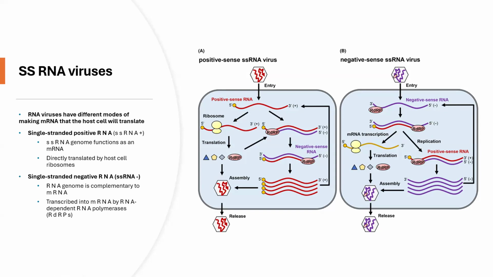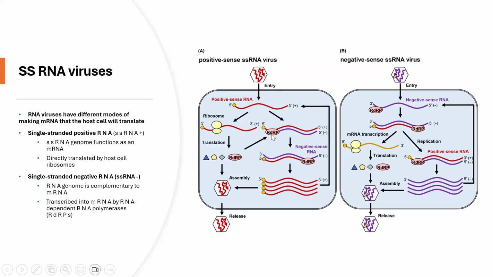Most of our RNA polymerases are DNA-dependent, right? So that's what we see when we make a normal transcript: we use a DNA-dependent RNA polymerase, which means that it makes RNA from DNA. In this case, we're going to make RNA from RNA. So we need an RNA-dependent RNA polymerase.